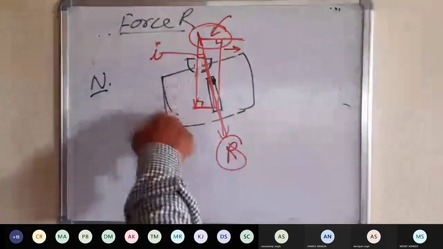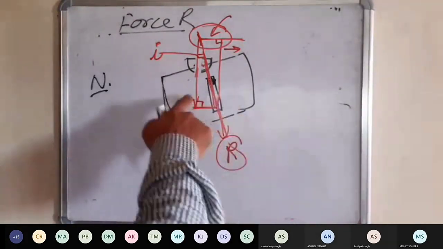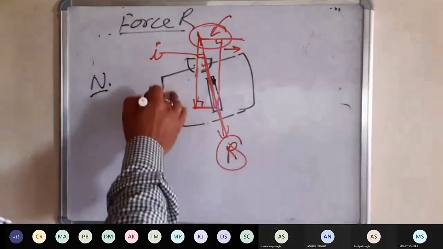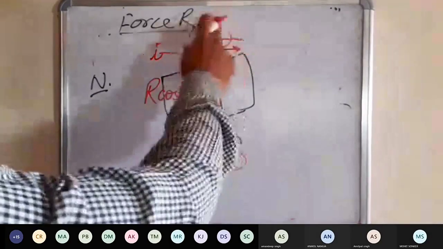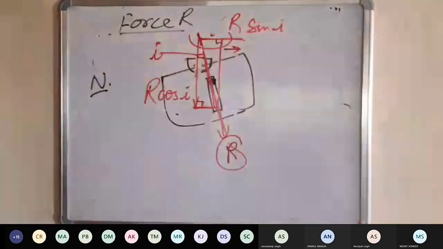As can be seen from here, what is this value? This will be R cos i, and this will be R sin i. Is that okay or not? Please confirm. Yes, sir.